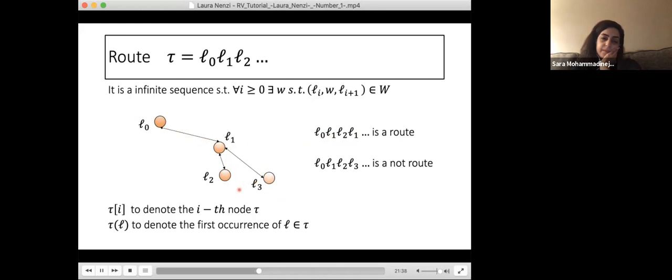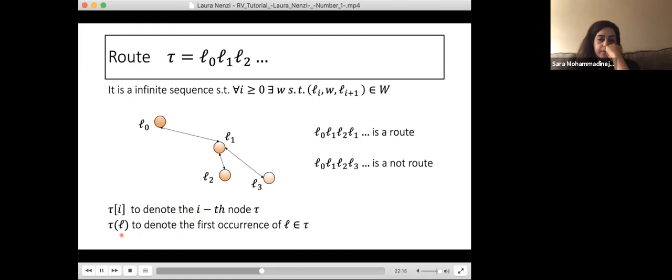And then just to note, we denote the i-th node as tau i with the square brackets, and instead we define the first occurrence of a location in the route with the round brackets. So tau(L) is used to denote the first occurrence of L in the sequence tau.